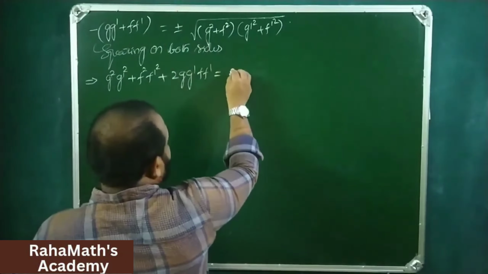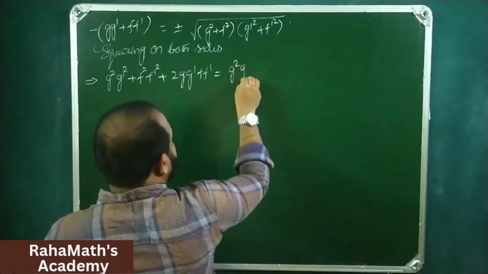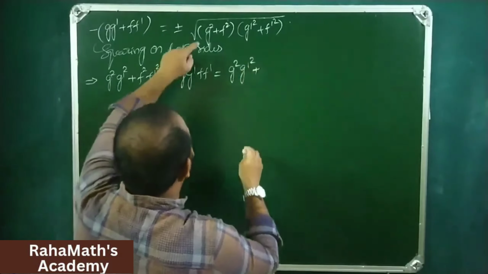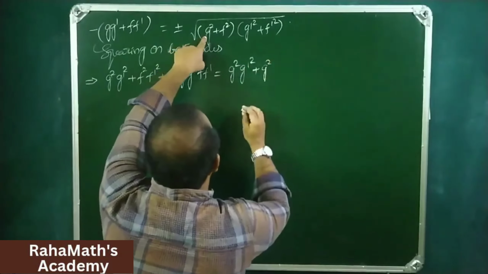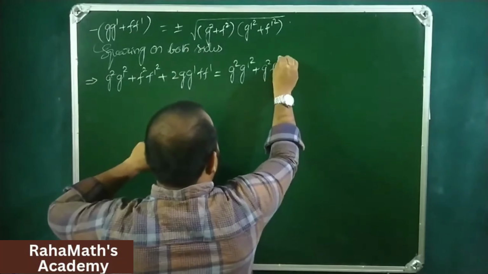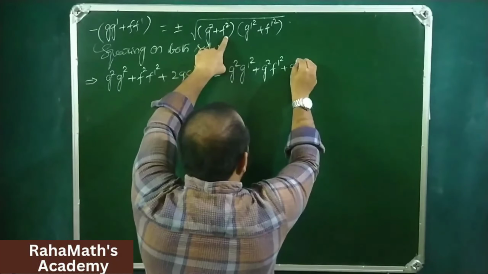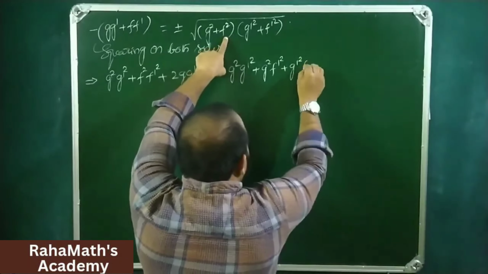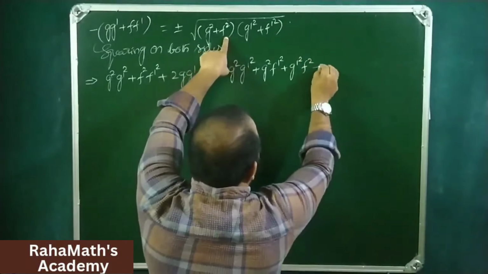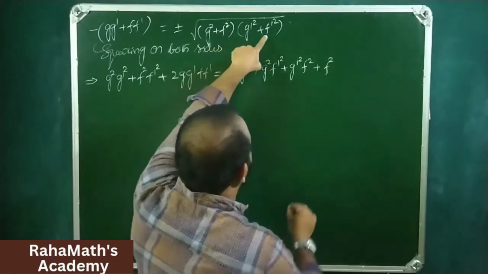Now g square g dash square plus g square f dash square plus g dash square f square plus f square f dash square.